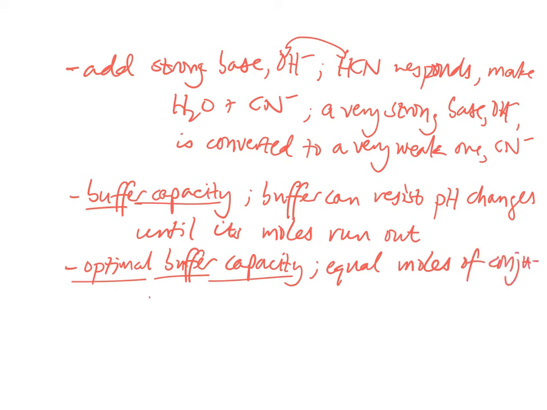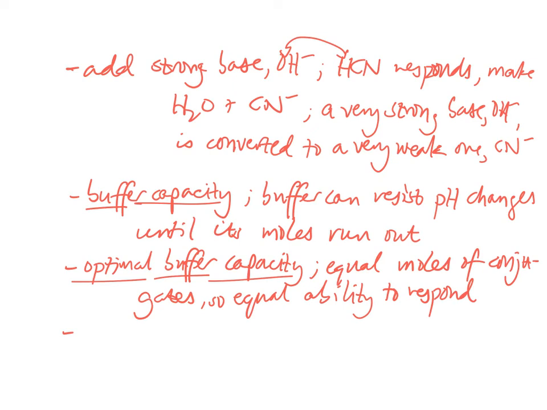And that means that it can respond to either an acid or a base equally. And that's kind of a related idea to the last concept, which is simply that you can design a buffer to have almost any pH you want.